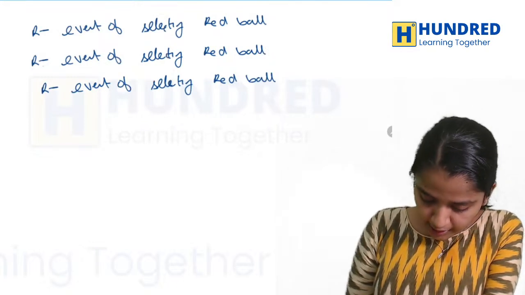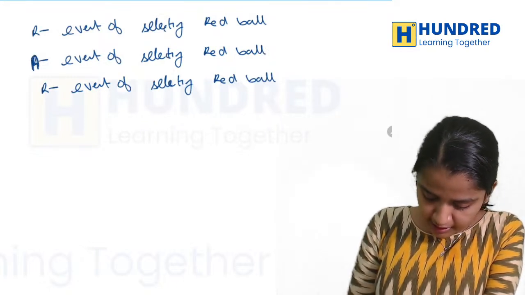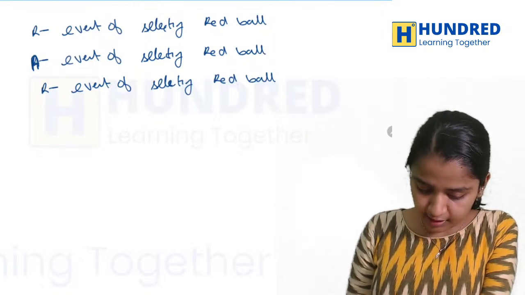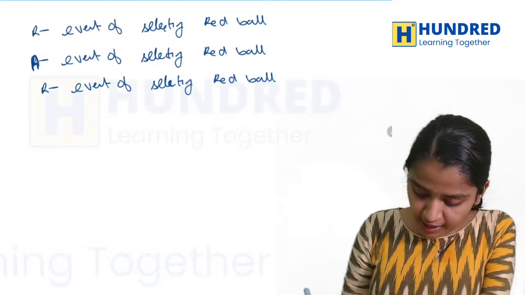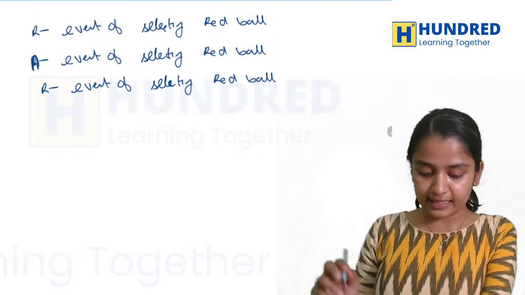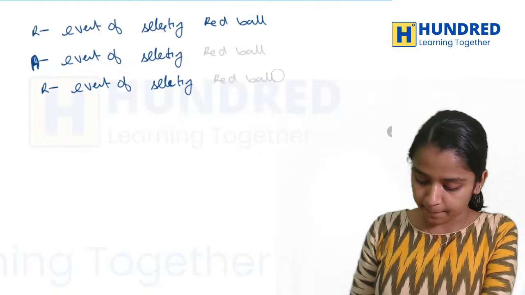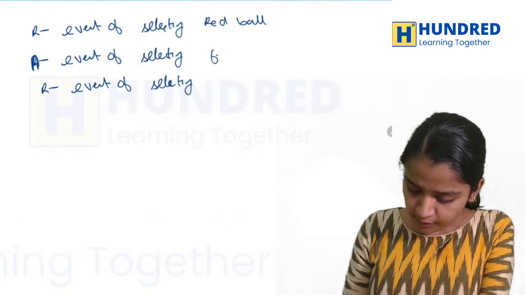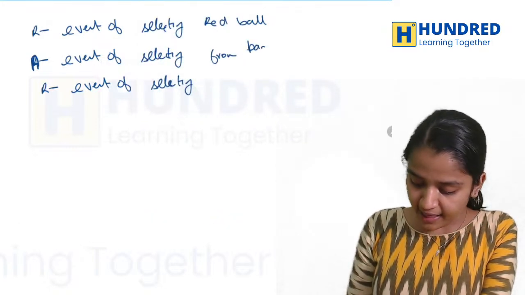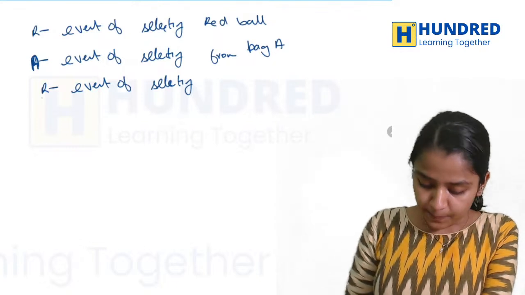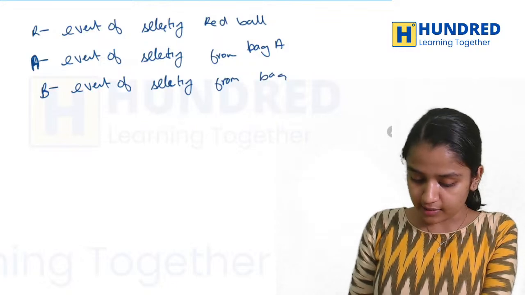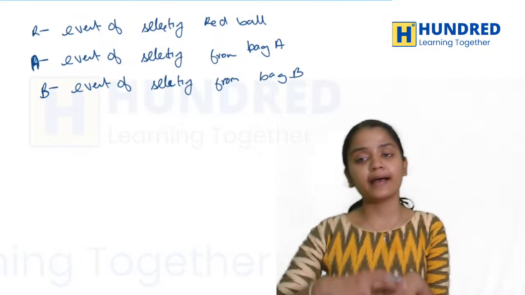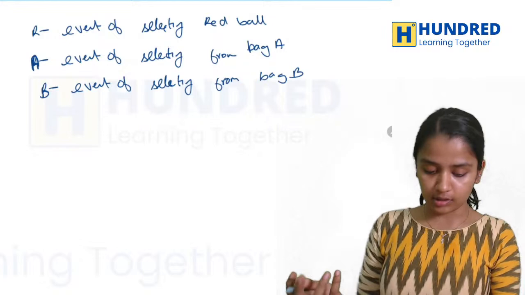So what is A? A is the event of selecting from bag A. The event of selecting from bag A, that is the event of drawing from bag A. And B is the event of drawing from bag B. So the event of drawing from bag B, and drawing from bag A.